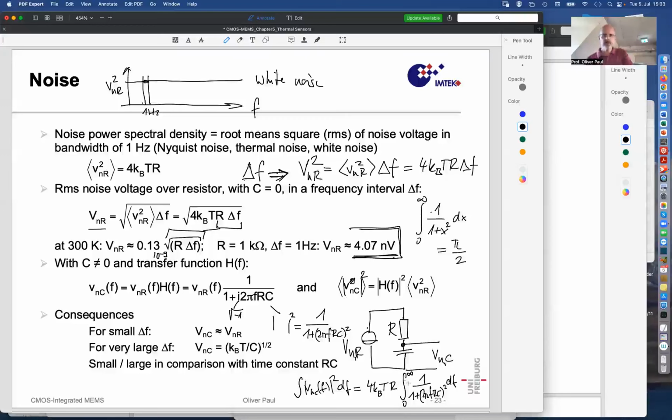And so if you calculate that, you'll see that the result is V_C equal to the square root of k_B T over C. So an RC circuit produces noise over the capacitor, and that noise integrated over all frequencies represents only information about the capacitor, the temperature and the capacitance.